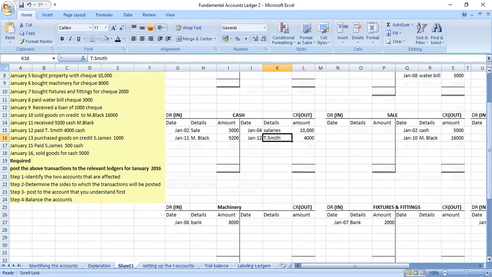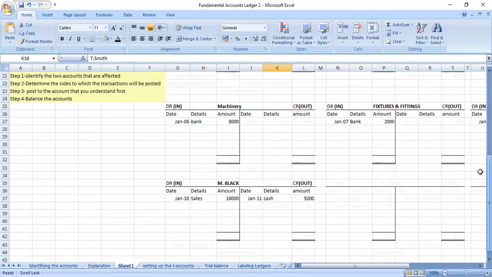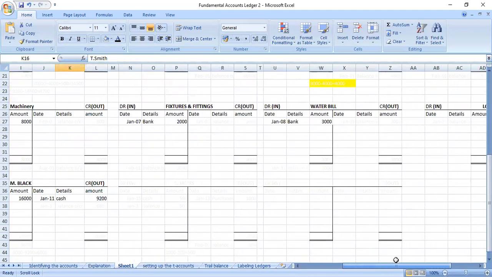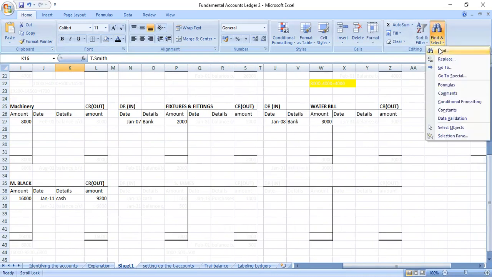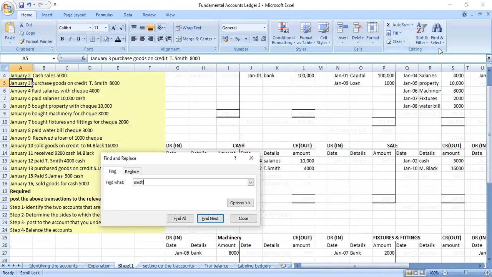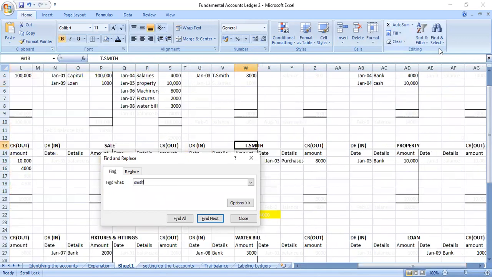All right. Let us now look for T Smith's account. So here is T Smith's account.